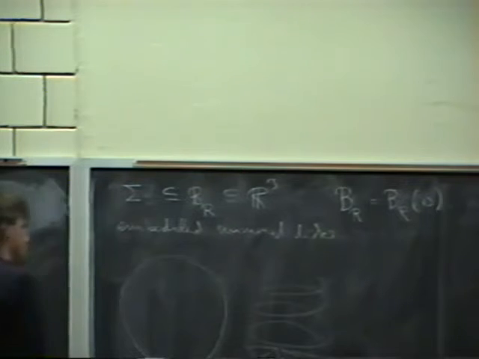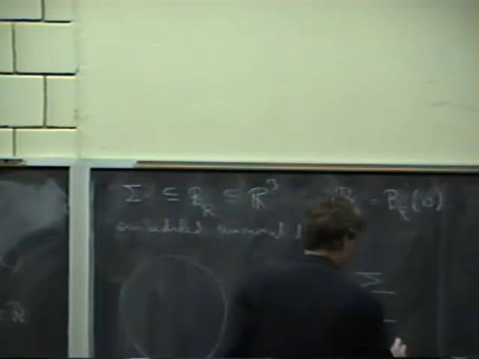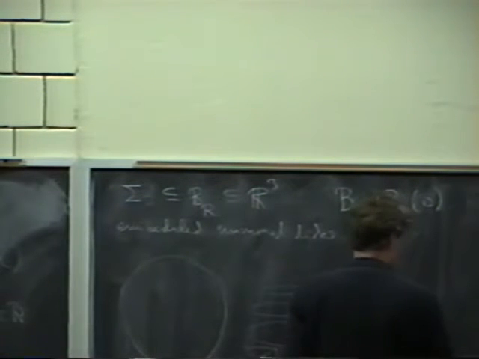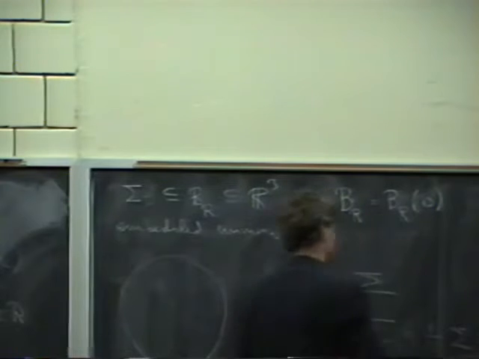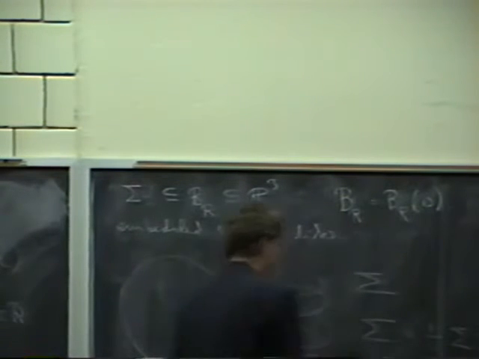So if you take the helicoid and now you rescale, so you're looking at a sequence of rescaled helicoids where you multiply it by 1 over i, the helicoid, and then you let i go to infinity.